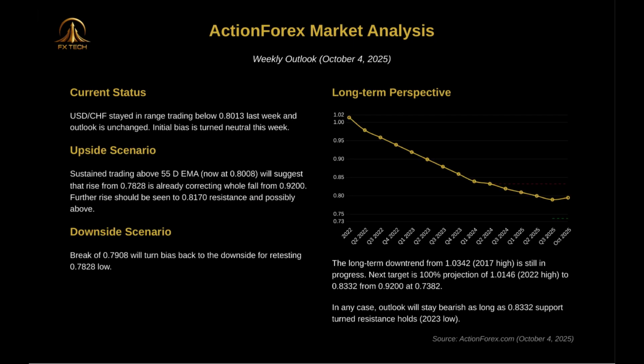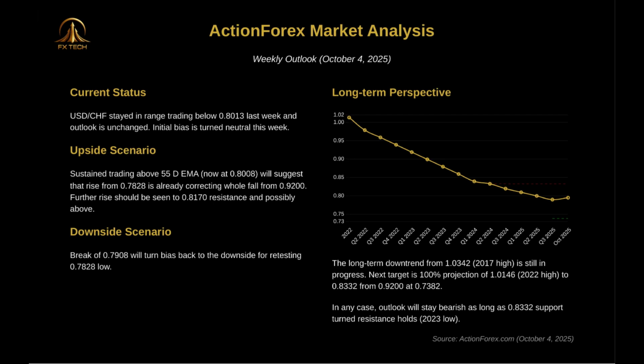ActionForex's weekly outlook indicates that USD/CHF remained in range trading below 0.8013 last week, with a neutral initial bias for this week. They identify 2 key scenarios. If the pair sustains trading above the 55-day EMA at 0.8008, it suggests a potential correction of the fall from 0.9200, targeting 0.8170.